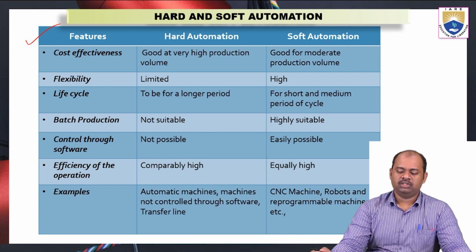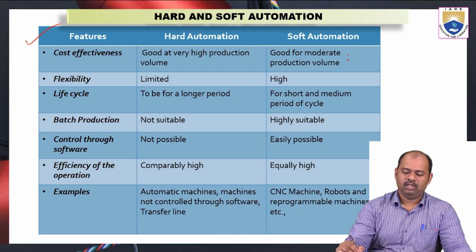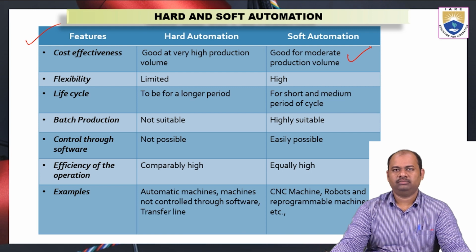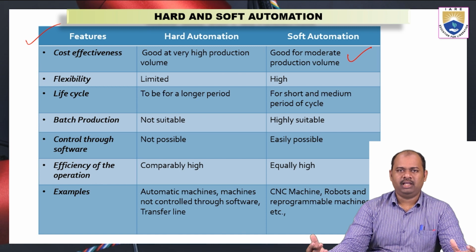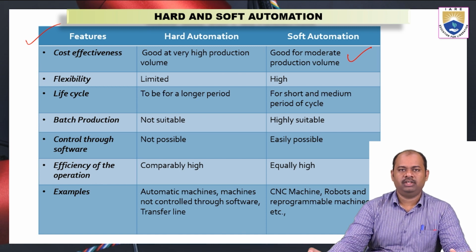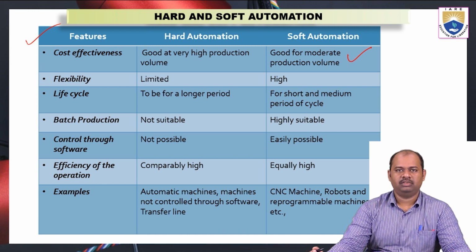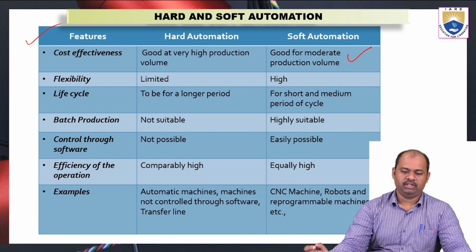Coming to soft automation, it has a moderate production volume, because soft automation has a comparatively slow production rate because of the limitations of the system. It does not use mechanical elements. It uses software for automation. So this is soft automation, where we will have a medium production rate.